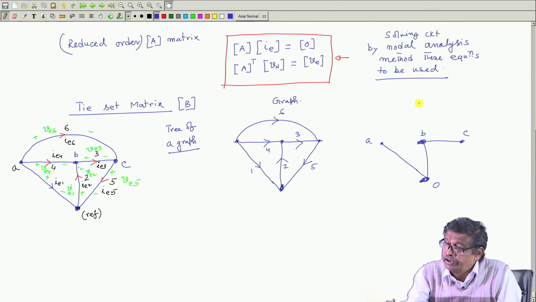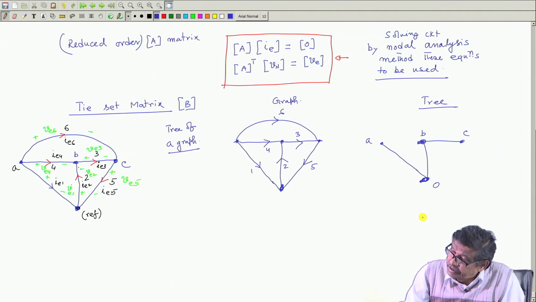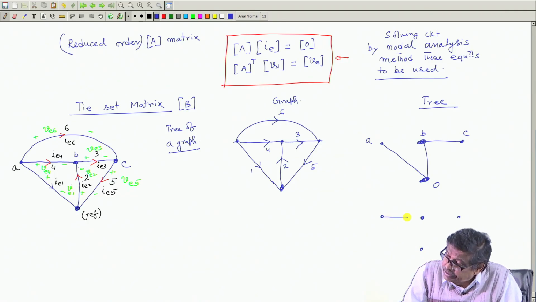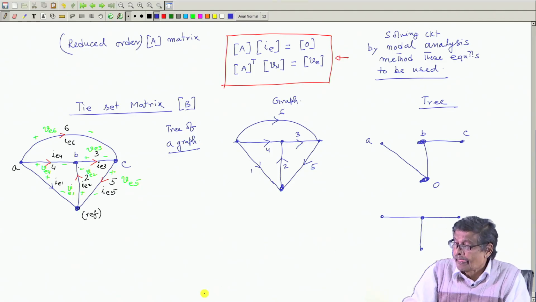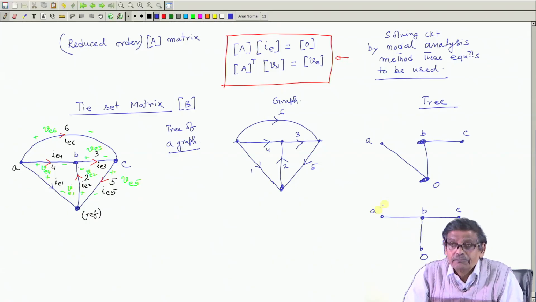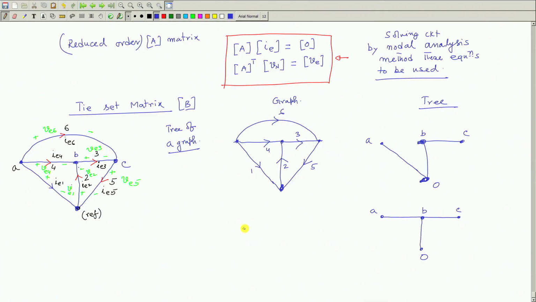Obviously, tree of a network is not a unique configuration. Like this, it is also a tree. If I have defined the tree like that, I will say this is also a tree. Because all the nodes are present A, B, C and O, but no closed form has been put. For example, one should not say that this is a tree of a network.